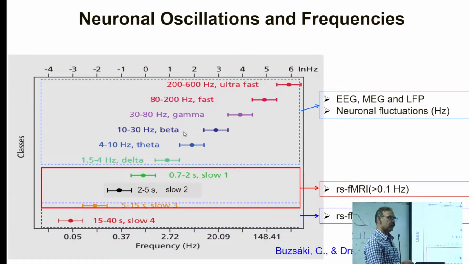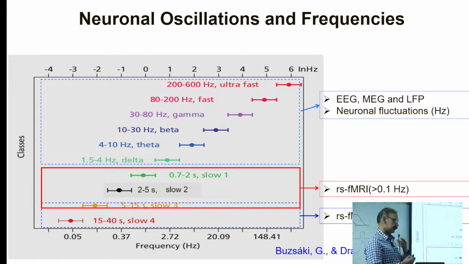However, with resting state, we are only using frequencies up to 0.1 hertz or a little higher than 0.1, right? So most of the fMRI studies have used 0.01 to 0.1 hertz.